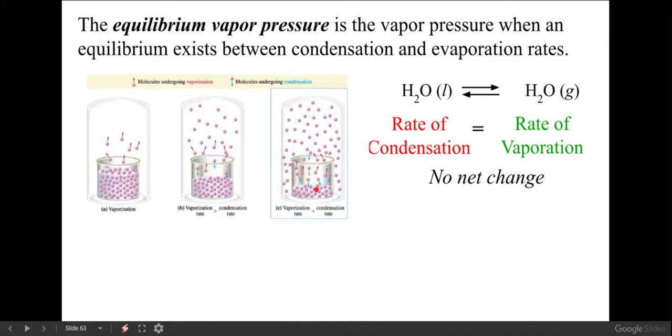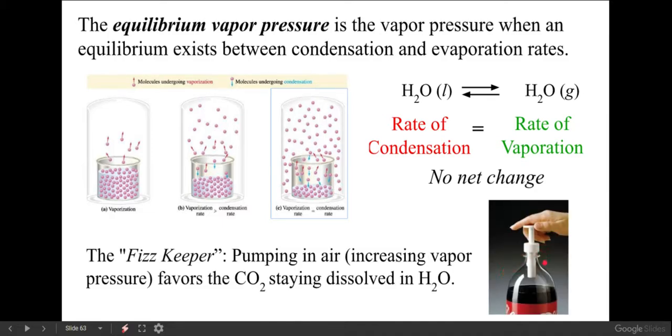Now, if we're talking about sodas, again, keeping your soda nice and fizzy is all about keeping pressure to combat the CO2's vapor pressure. So the worst thing you could probably do to keep your soda bubbly is just leave the lid off, because then CO2 will just keep coming out and coming out, because it's not going to reach this equilibrium.